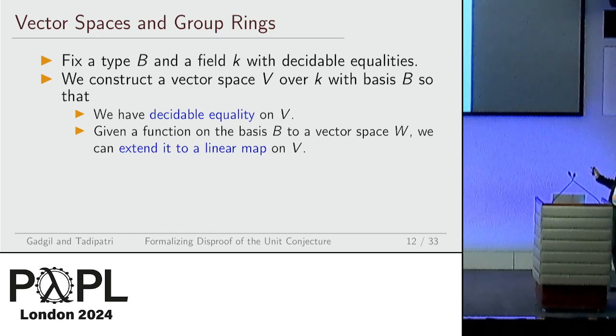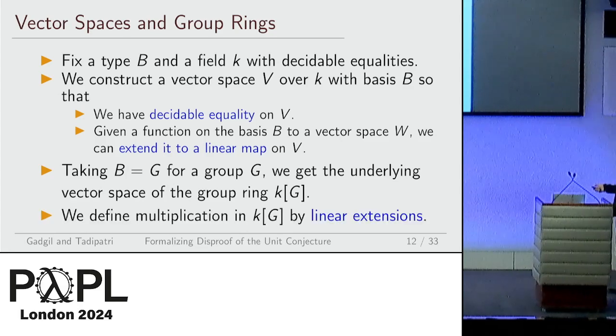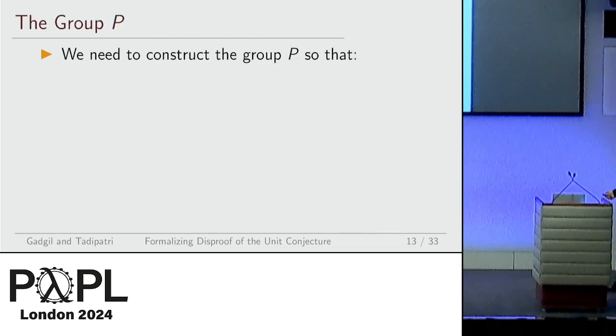That is, given a function on the basis B to a vector space W, we can extend it to a linear map. Once we have this, we can take the basis to be the elements in the group, and you get an underlying vector space. And by linear extension, we can define the multiplication.